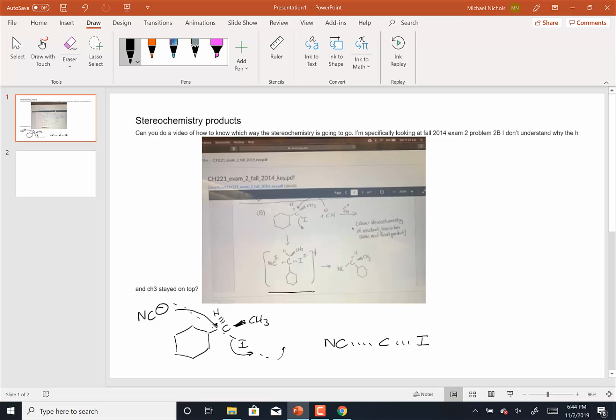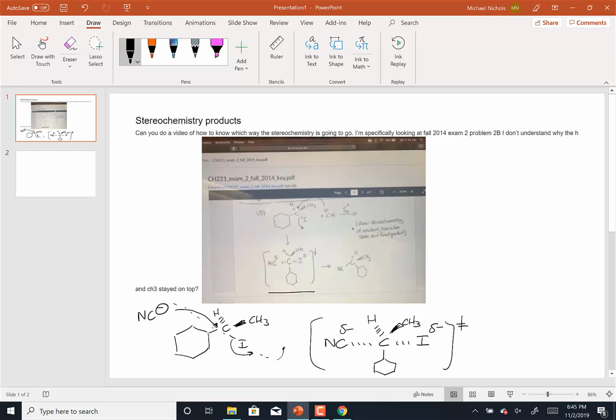So that means that the hydrogen is up on a dashed wedge, the methyl group is up on the bold wedge, and then the ring is down here. Again, imagine taking this entire molecule with the CN minus coming in and rotating it counterclockwise 30 degrees, and you would get this transition state.